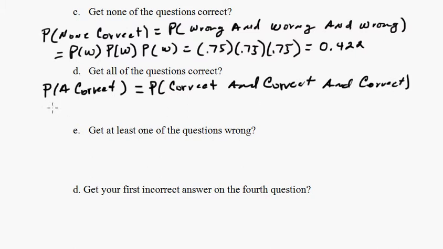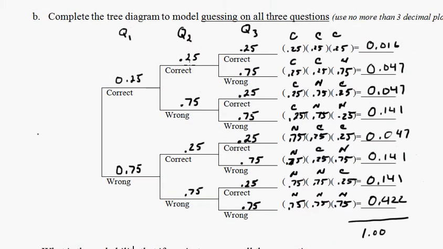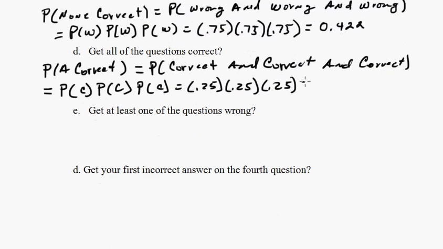And that translates to the probability of correct times the probability of correct times the probability of correct, and that's going to be 0.25 times 0.25 times 0.25. So all we have to do is look at this branch right here. So we get 0.016.